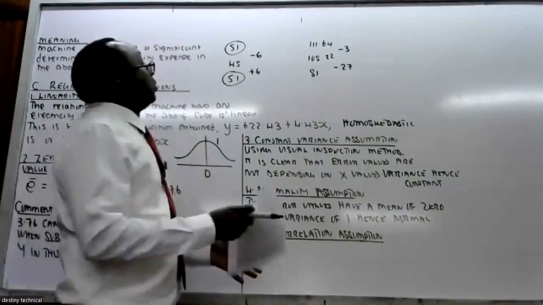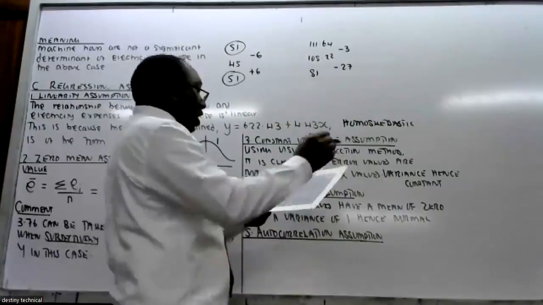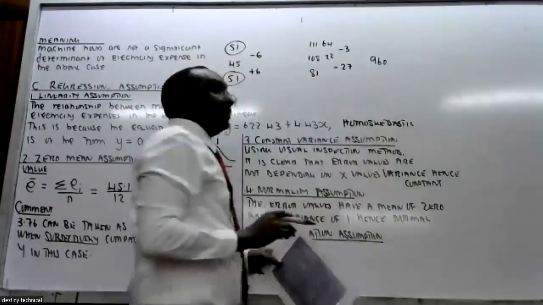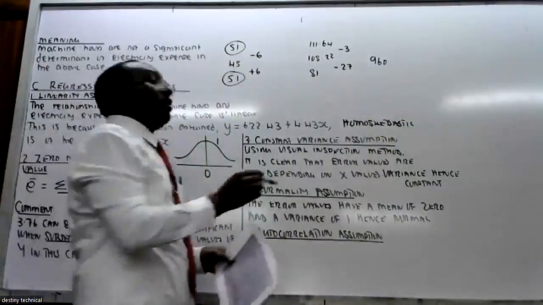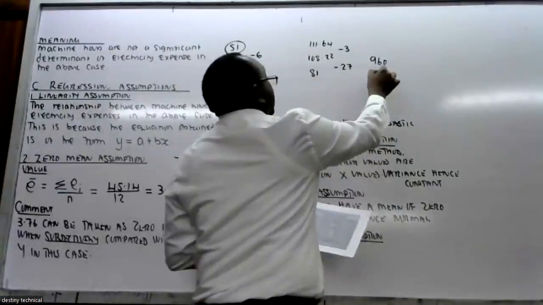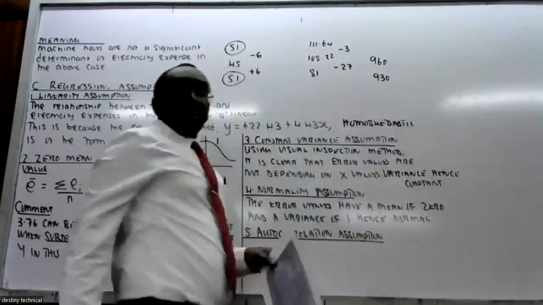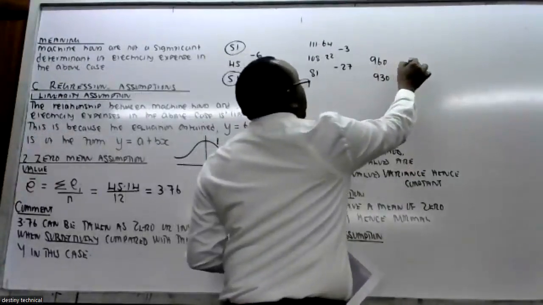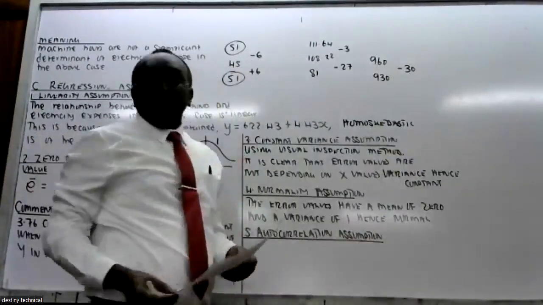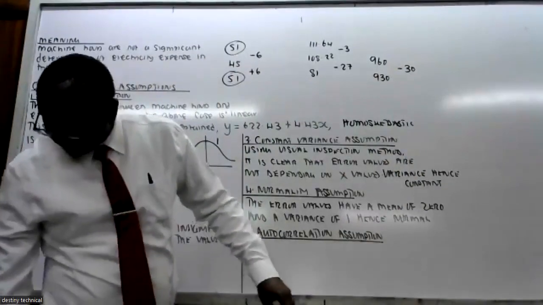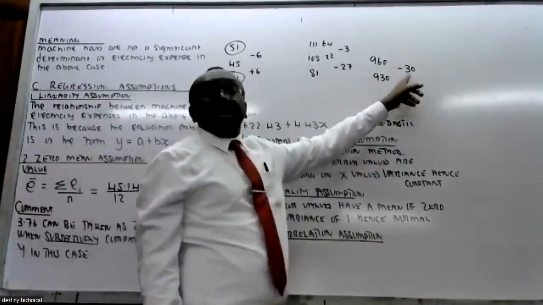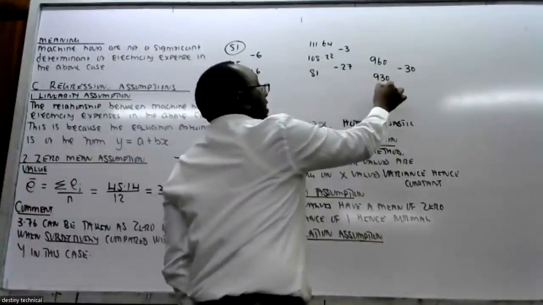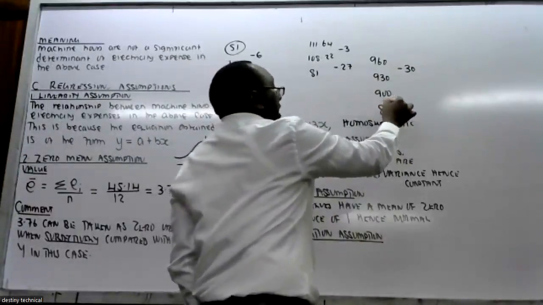I want us to go back to the table. If you go there, you find the first value of y is 960. The second value of y is 930. So what has happened is that we have subtracted 30. If this is the pattern, you subtract 30, the next value should be 900, the next value should be 870.